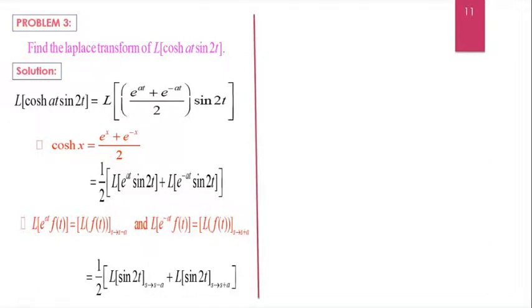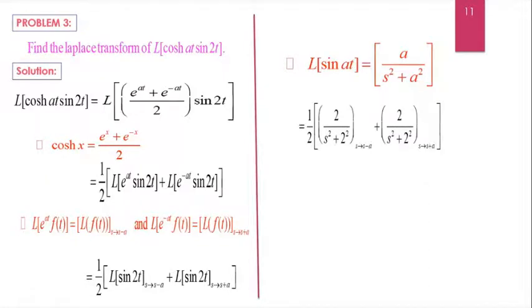Since we know that Laplace of sin at is equal to a divided by s square plus a square, we get 1/2 into 2 divided by s square plus 2 square, where s is shifted to s minus a, plus 2 divided by s square plus 2 square, where s is shifted to s plus a.